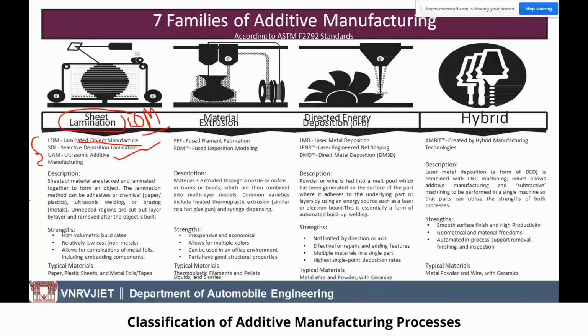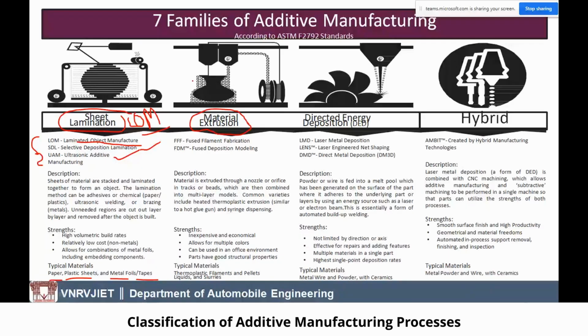Here we take the input material as plastic materials, metal foils or tapes, and paper also. The most commonly used process is material extrusion. This also comes under solid based 3D printing, like LOM. But here the raw material is taken in the form of a wire, and that is melted with external, especially electrical, heat.